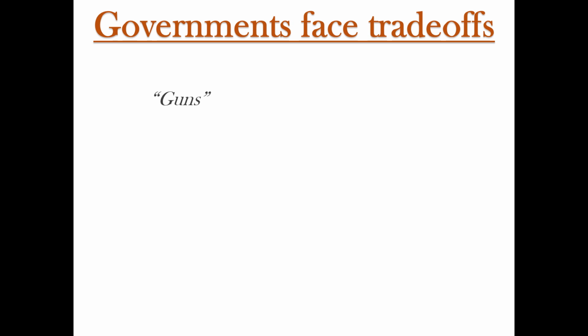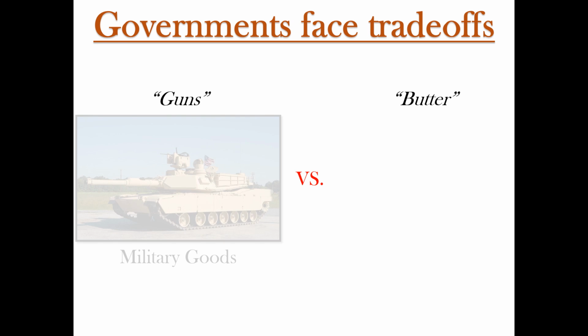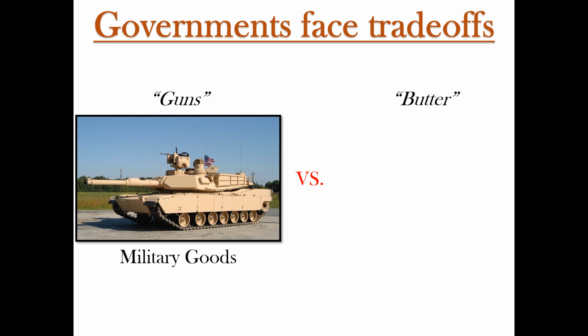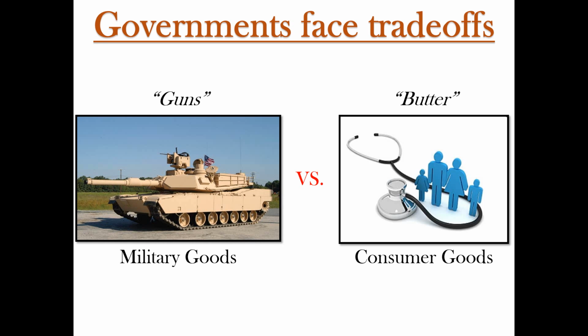Governments face trade-offs. A very famous trade-off that governments face around the world is guns versus butter. Now, what we mean by that is for every dollar that a government spends on military goods, everything else constant, that's one dollar less that we have for consumer goods, butter, or things like healthcare, right?